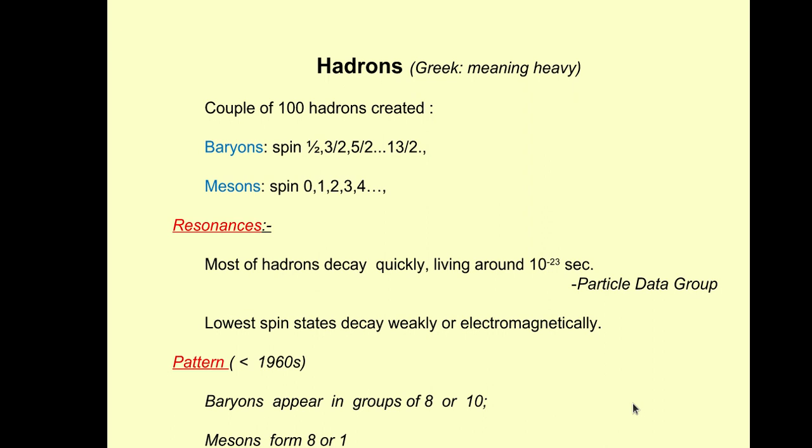In the meson family, we have observed mesons with spin 0 like pions, spin 1, spin 2, spin 3, spin 4. By the way, when I say spin, it is total spin, because this is what we observe. However, this spin may be arising from the addition of quark spins with their orbital angular momentum.